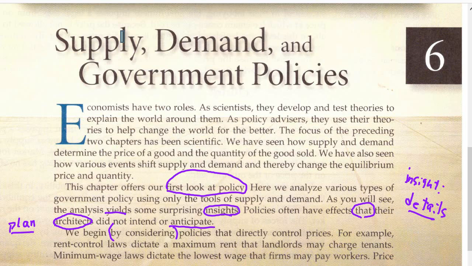Do you understand this? These are price-controlling policies. The government can limit the price of rent, and also the lowest price of wages. The lowest wage that a firm may pay a worker, right? This is what we call a price floor.